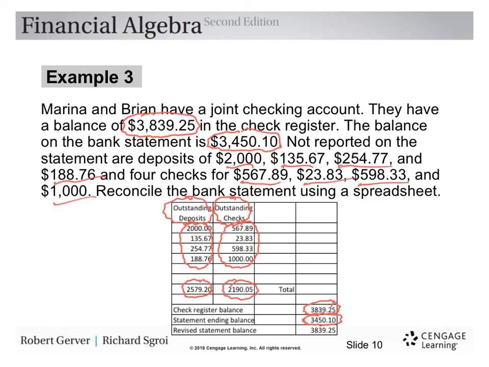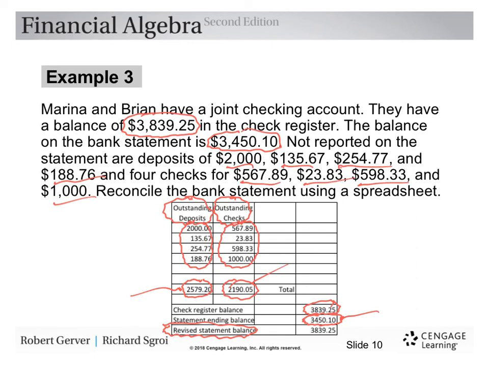Now, to get the revised statement balance right here, what we're going to do is take the statement ending balance, that's this figure here, and add the outstanding deposits, which are this here, and subtract the outstanding checks, which is this here.